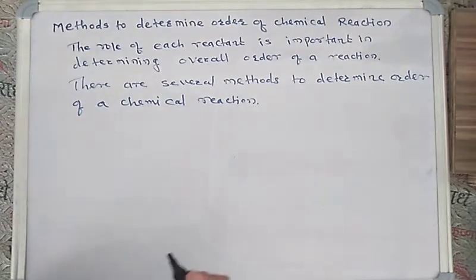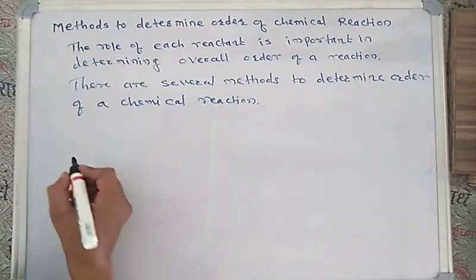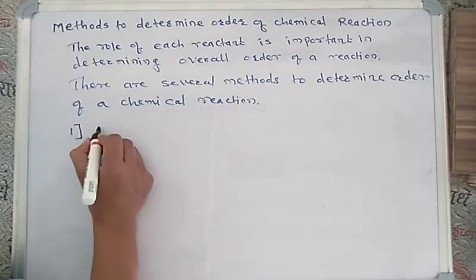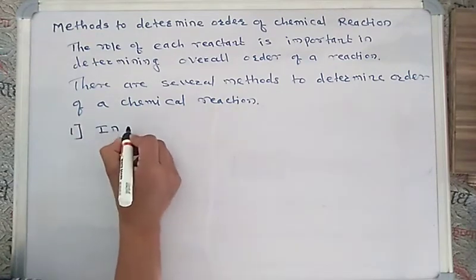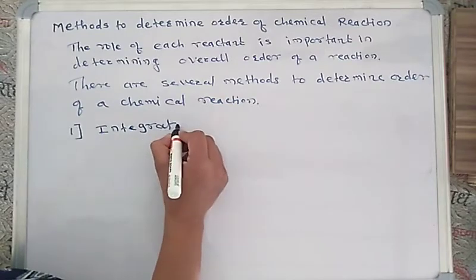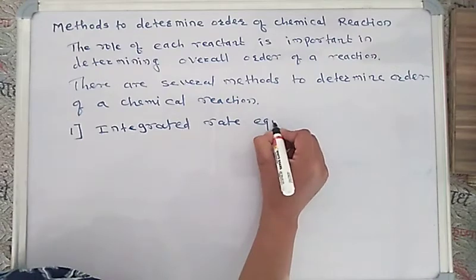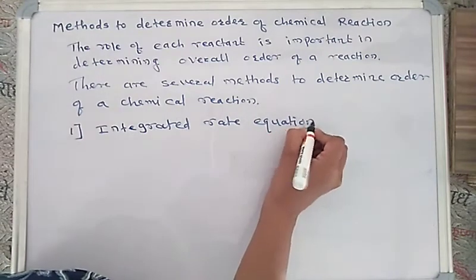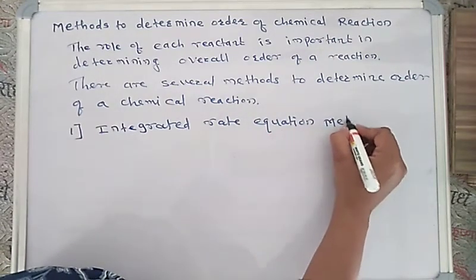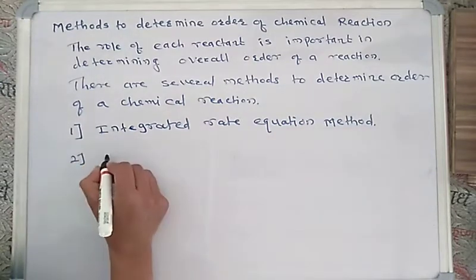So we see these several methods. There are four methods. Let us see the first method, that is the integrated rate equation method. The second method is the graphical method.